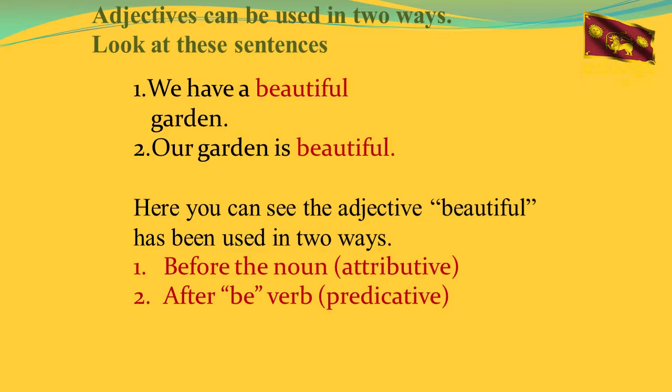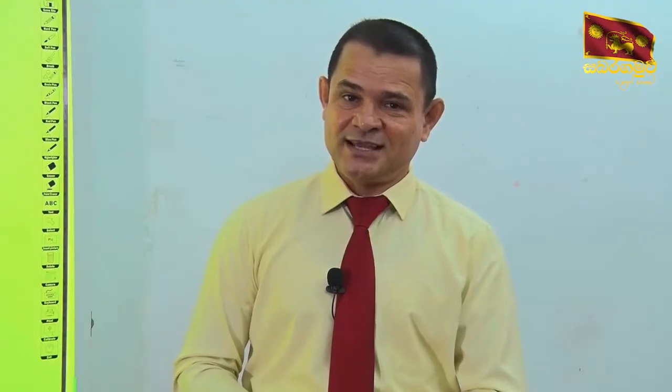What is the adjective? The adjective is beautiful. The noun is garden. The adjective came just before the noun. So that is one way of using an adjective. And the next one, our garden is beautiful. Once again the word beautiful, the adjective, talks about the garden. That's another way of using an adjective.